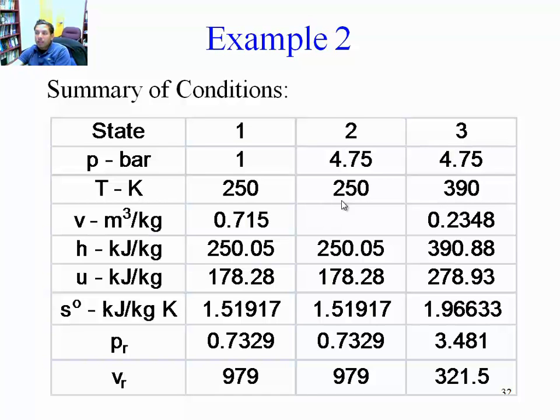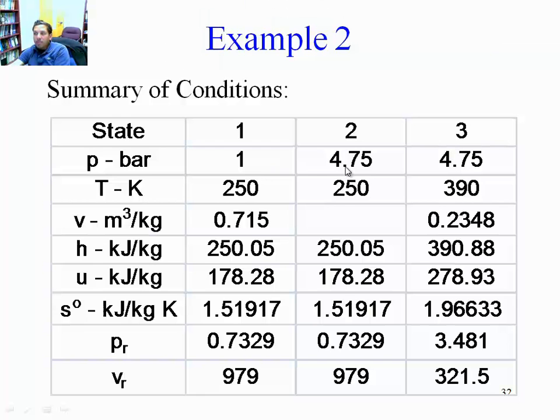V2 we can calculate directly using the equation of state. We have pressure and temperature. We can calculate volume. Or very simply, notice if the temperature stays constant, remember that P times V is equal to RT. We can relate state 1 to state 2 and say that P times V equals RT in state 1 and in state 2. Since the temperatures are the same, then P times V of state 1 is equal to P times V of state 2.